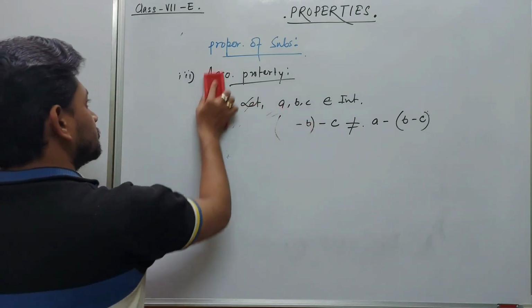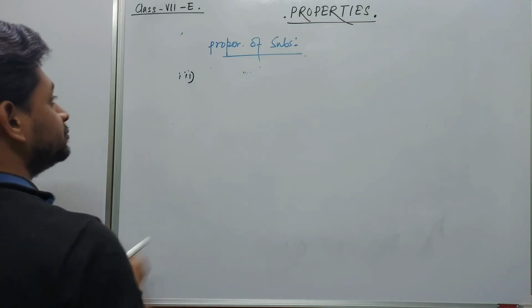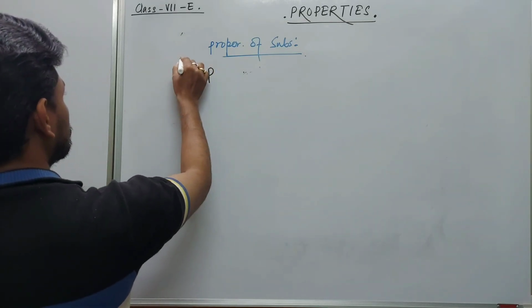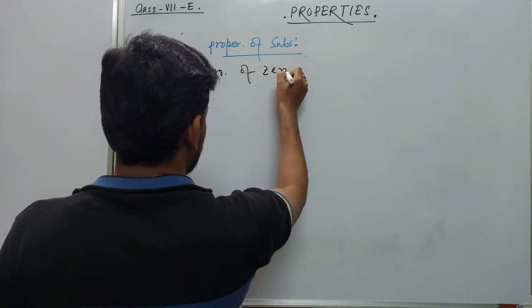Now let's see properties of 0. Number 4, property of 0.